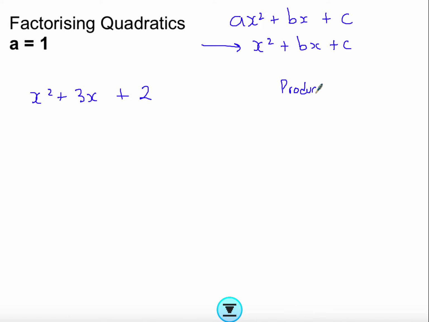You first think of the products. So what multiplies to give 2? The product always looks at the c value. So what numbers multiply to give a positive 2?